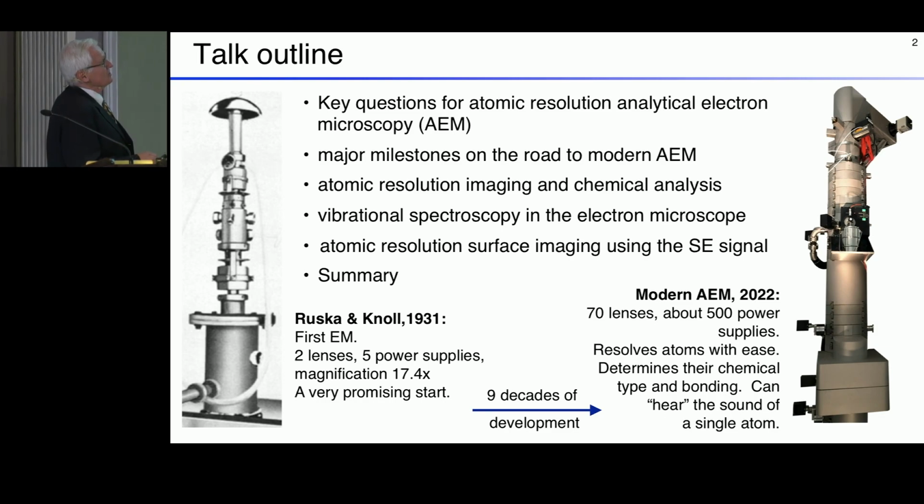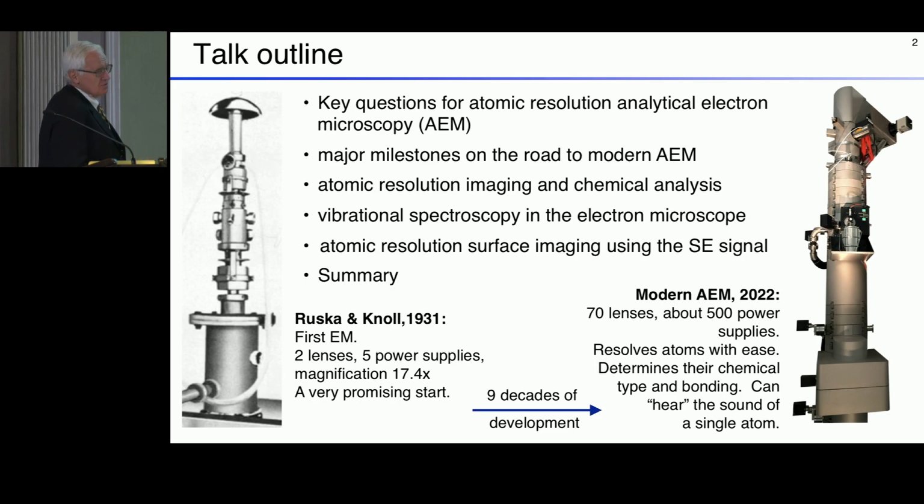This final form, this is a picture from 2022. We now have something like 70 lenses, 500 power supplies, so we have a lot of deflectors to steer the beam through very accurately. It can resolve atoms with ease. You form an electron probe smaller than 1 atom, less than the diameter of a hydrogen atom, and that helps getting the good resolution.